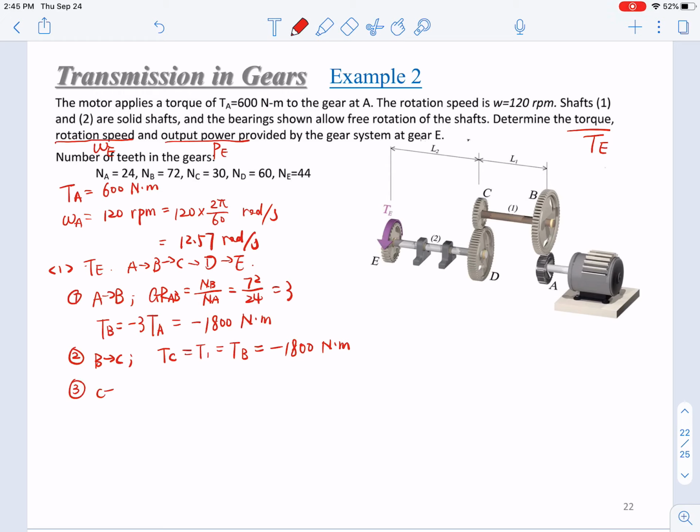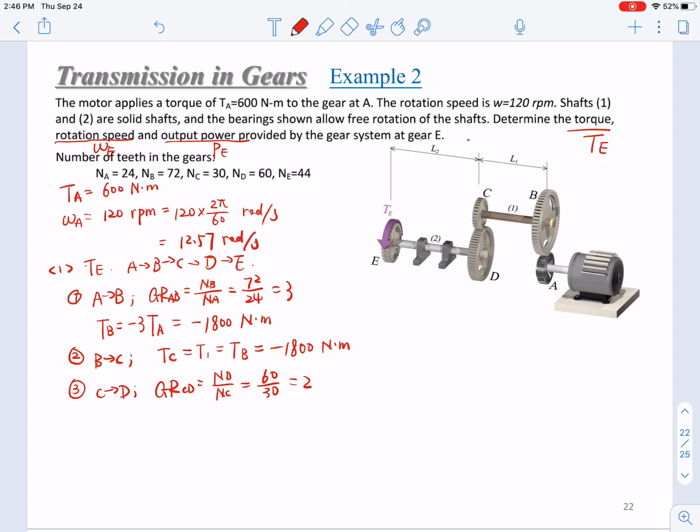Third step, from C to D, here we can define another gear ratio. Gear ratio CD is just ND over NC. That is 60 over 30 or 2.